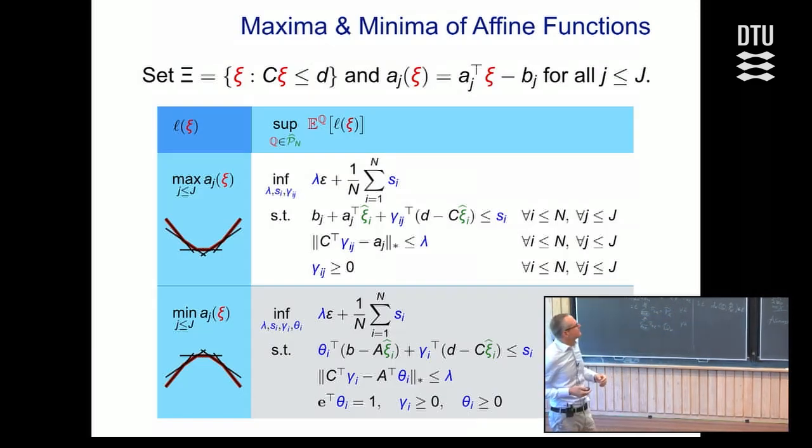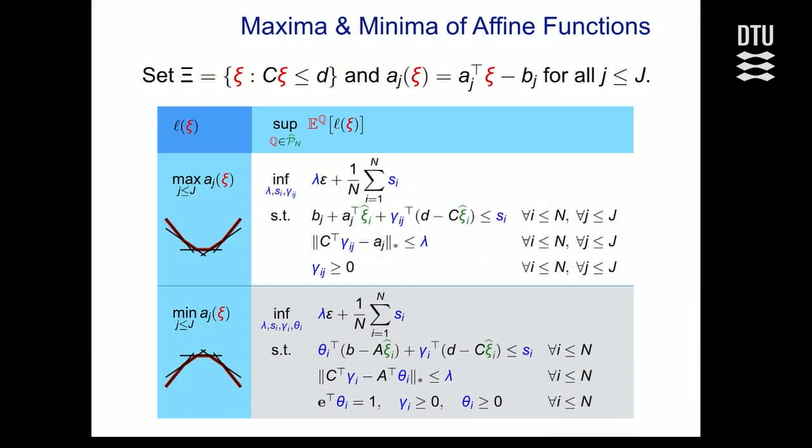So here are some examples of exact reformulations. So if your uncertainty set is a polyhedron, like we defined here, and if your loss function is either a pointwise maximum or a pointwise minimum of affine functions, so it either looks like the convex piecewise linear function or the concave piecewise linear function, in both cases you can get tractable reformulations.